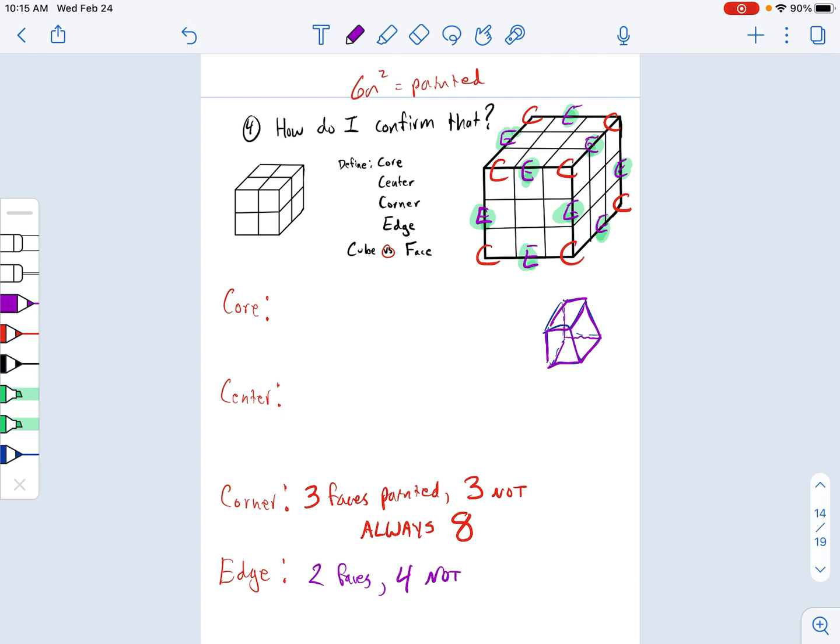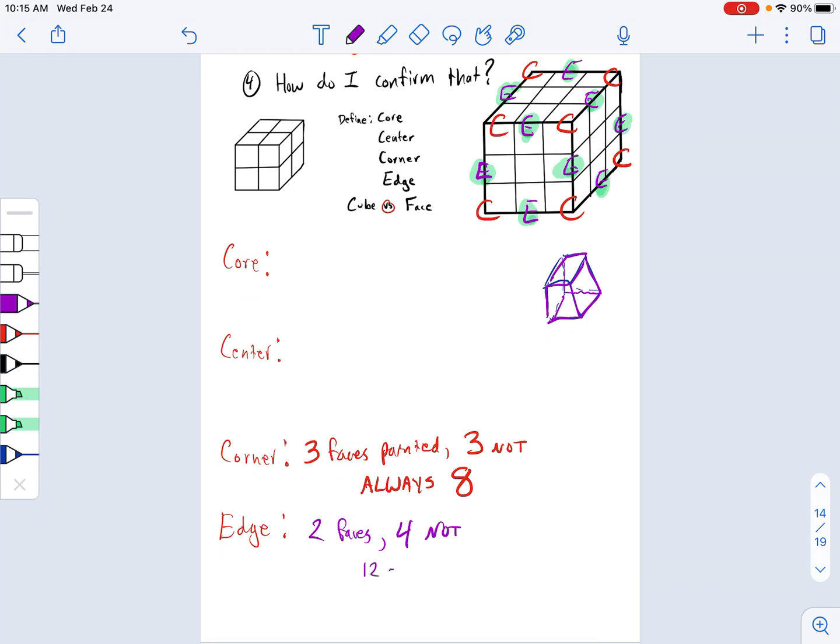So there are a total of 12 edges. Is that in any cube? Yes, any cube is going to have 12 edges. Okay, cool. But how many edge cubes are there? Well, in a 3 by 3 by 3, I got 12.